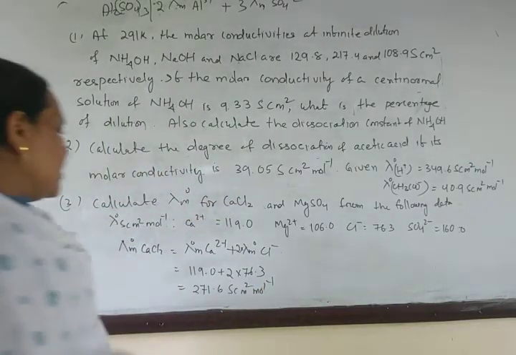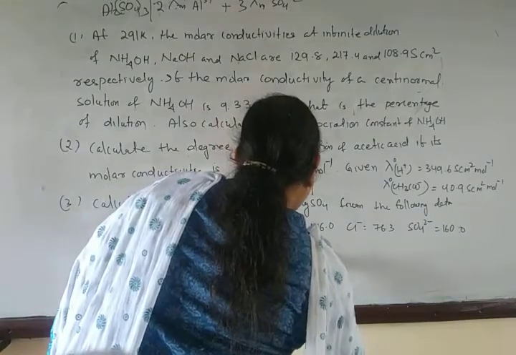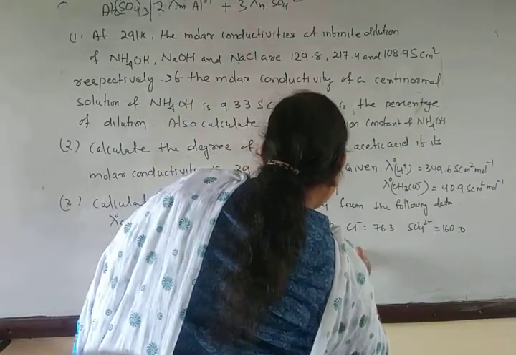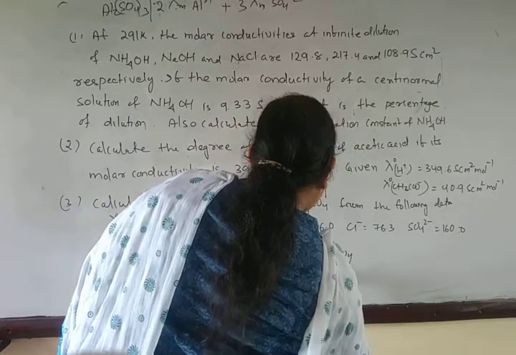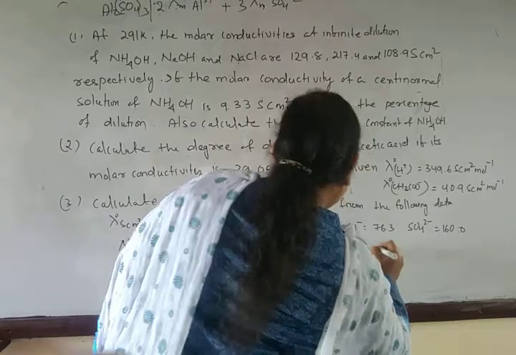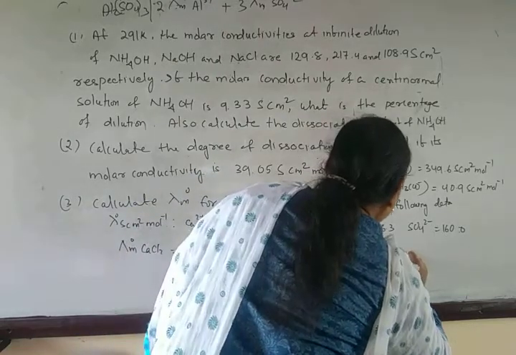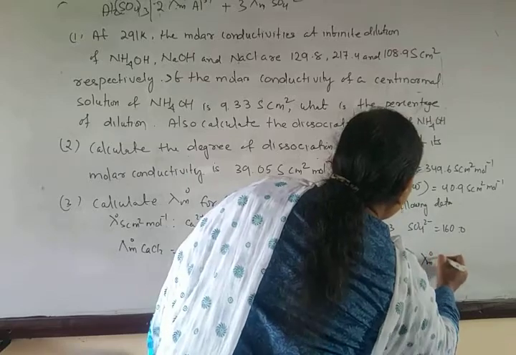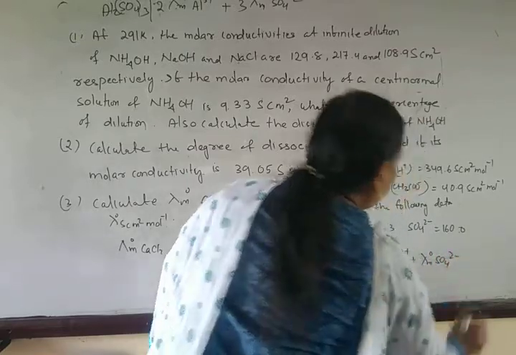Okay. Similarly, lambda m naught of MgSO4 is simply equal to lambda m naught of Mg2+ plus lambda m naught of SO4 2-.